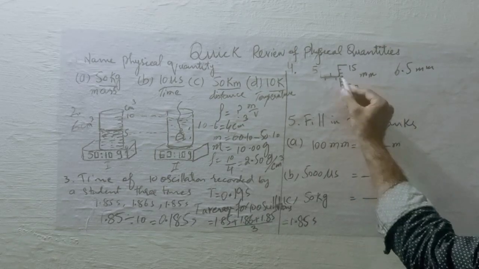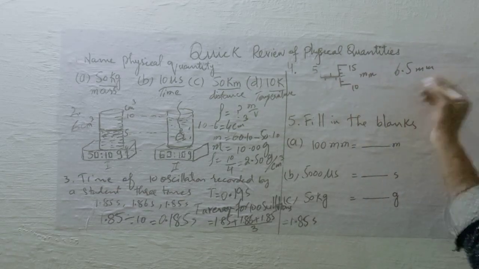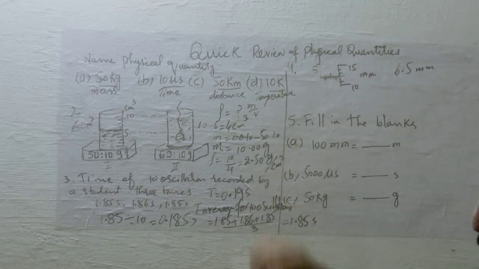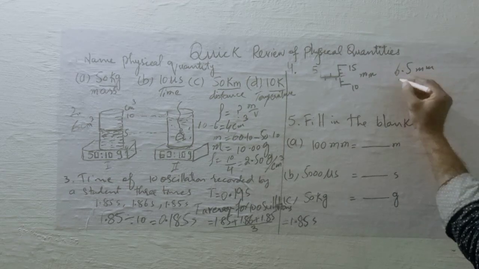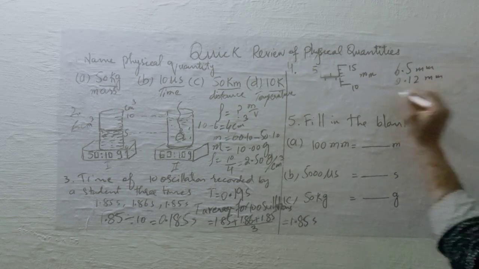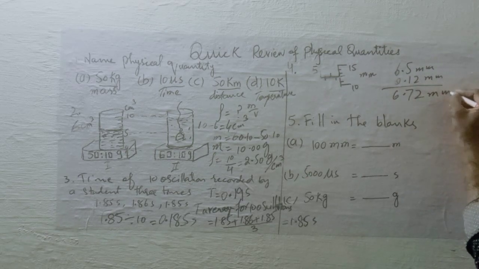The 12th reading is in front of the datum line. So the distance of the 12 divisions becomes 0.12 mm. If we add them up, we get the answer 6.62 mm.